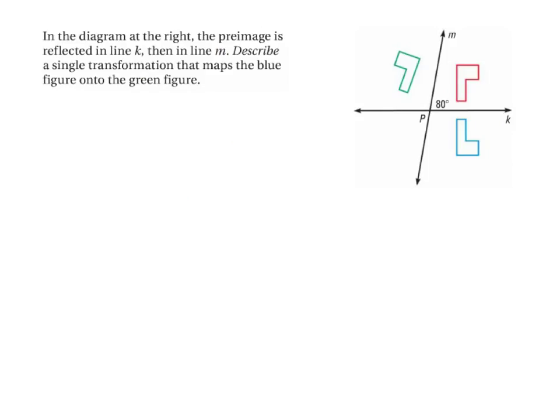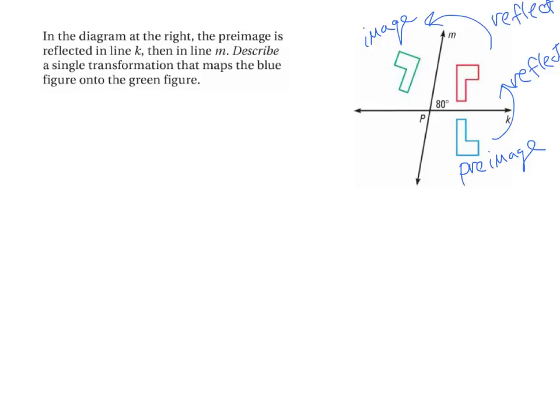All right, so the pre-image is reflected in line K. If you notice, the blue one is our pre-image. And then it is reflected over here, and then it is reflected again. And what happens is that it ends up rotating. So how does it map the blue onto the green?